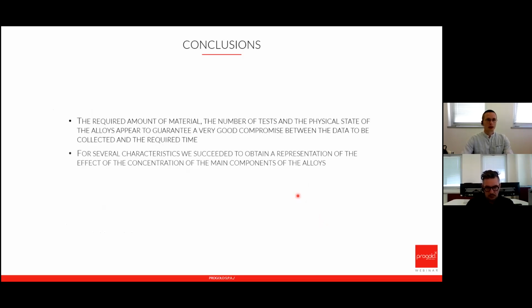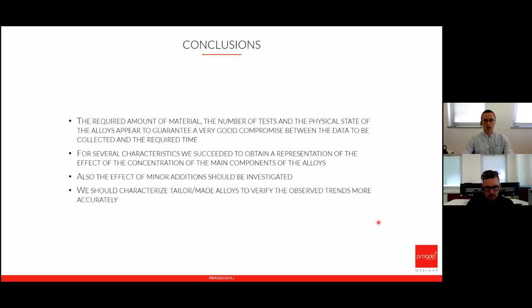Okay, so we saw a lot of tests. It is a huge quantity of tests performed by ProGold, and all these tests also for 14 carats, yellow, red gold, white gold, also for white gold 18 karat that we didn't present today.